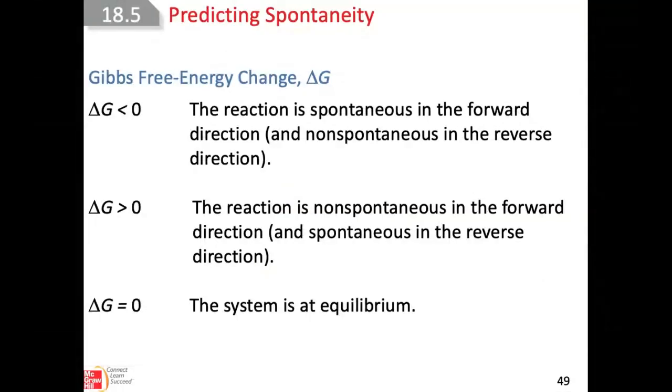Delta G less than 0: the reaction is spontaneous in the forward direction and non-spontaneous in the reverse direction. When delta G is positive, the forward reaction is non-spontaneous but spontaneous in the reverse direction. When delta G is 0, the reaction does not proceed in any direction. It's just at equilibrium.